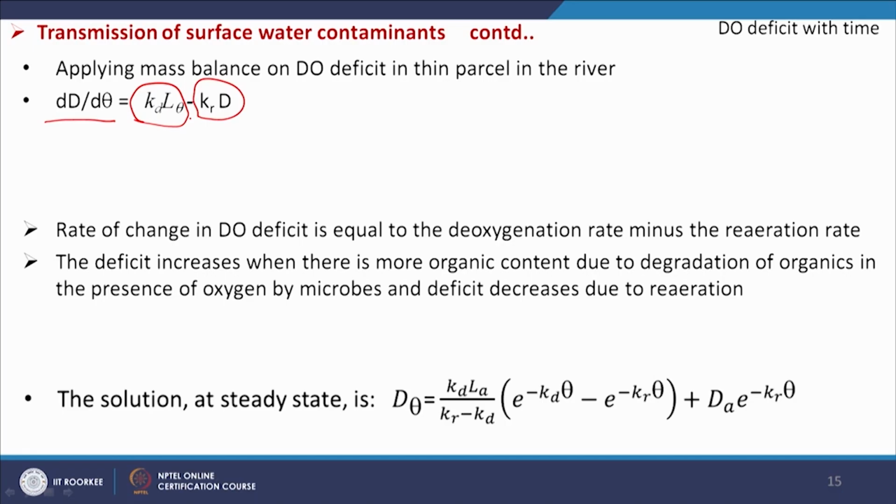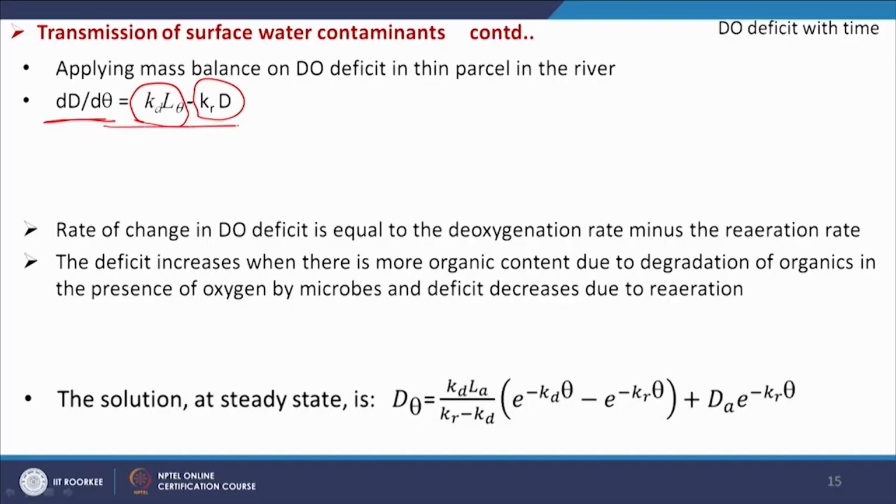So, the difference basically will be dD by d theta. When we have a higher value of deoxygenation, the deficit will increase, and when this value is less, the deficit will decrease and ultimately the saturation value can be achieved.